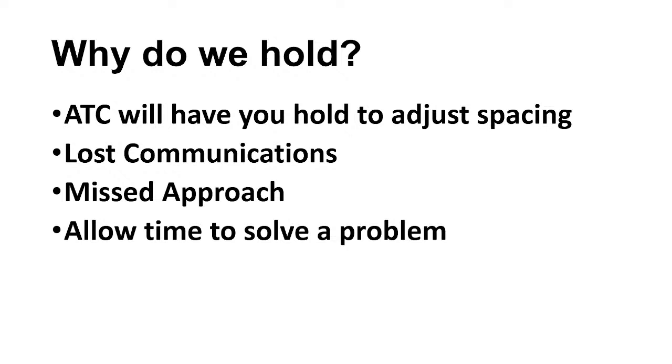Under IFR, if you look, there's 3. Go to approaches. 1, 2, 3, 4, 5, 6, 7, 8, 9, 10, 11, 12, 13, 14, 15, 16, 17, 18, 19, 20, 21, 22. 22 approaches that you can possibly take into Spokane.